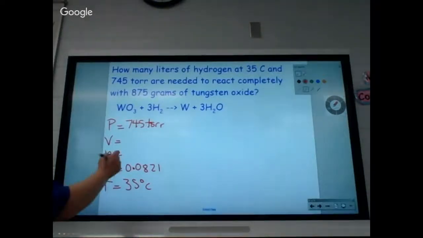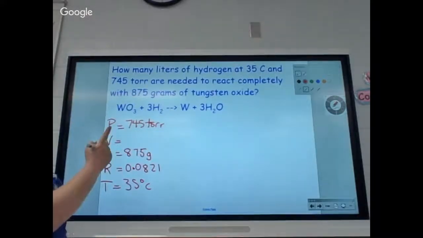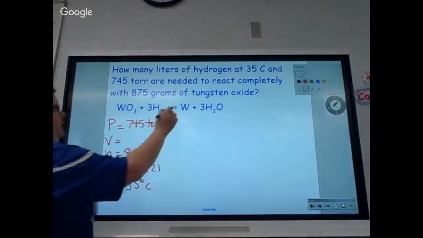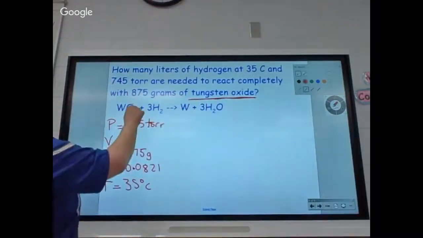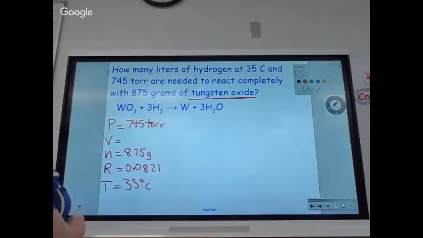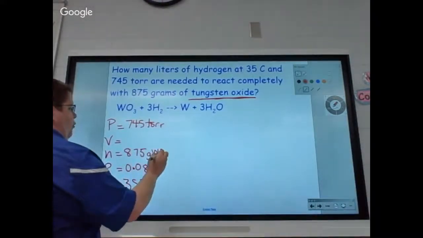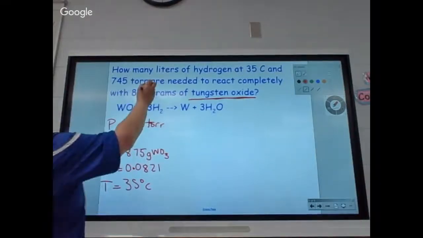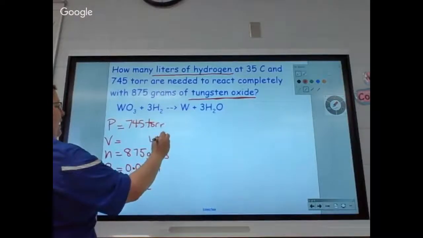So you have grams, and grams has to be changed to moles. Now, the grams are of what? Tungsten oxide. So which one of these things is tungsten oxide? WO3. All right. We want to find the volume of what? Hydrogen. Okay. So we need the liters of hydrogen.